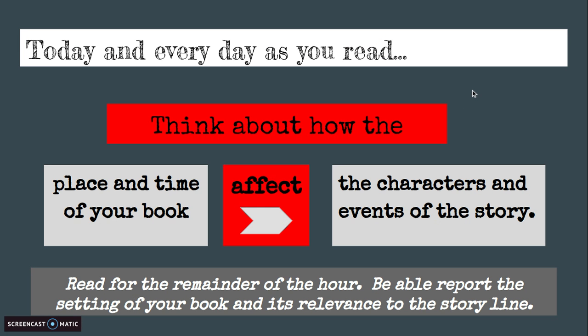So today and every day as you read, think about the place and time of your book, but more importantly, how that place and time affects the characters and the events of the story. If we take, for example, a story that a lot of people know, Harry Potter, Harry Potter's a very different book if it doesn't take place at Hogwarts, right?